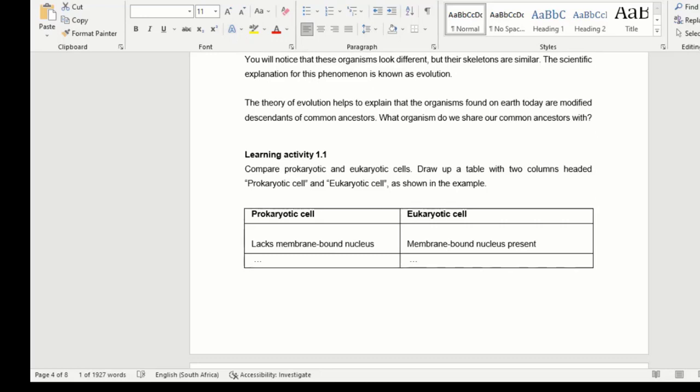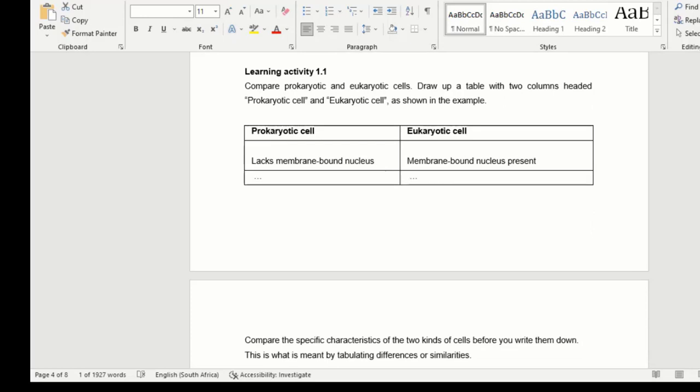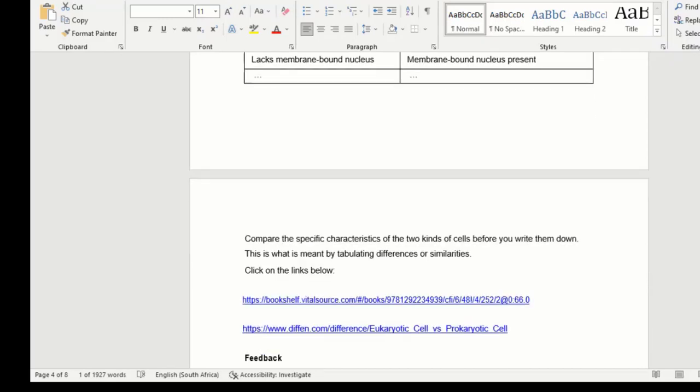So the thing I want to show you, particularly, is this Word document. Usually he will give you your notes like this, where he will be requesting you to compare the characteristics of the two types of cells by writing them.